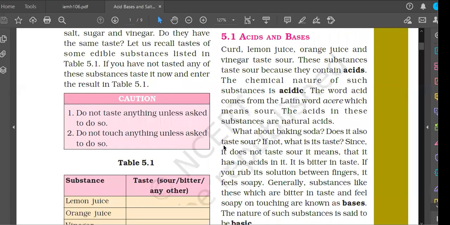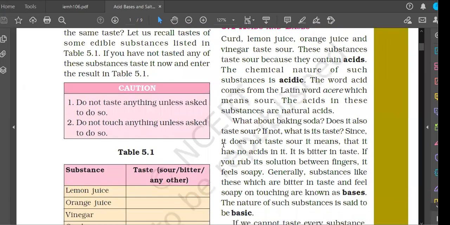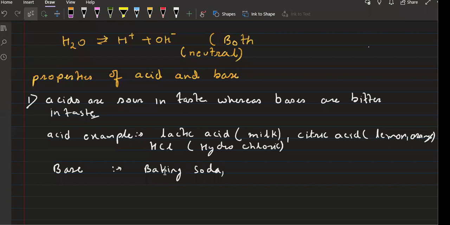Now bases, tell me, an example of base? This is baking soda. Baking soda is a very common example of base. And then anything else? Someone says detergent. Okay, detergents.